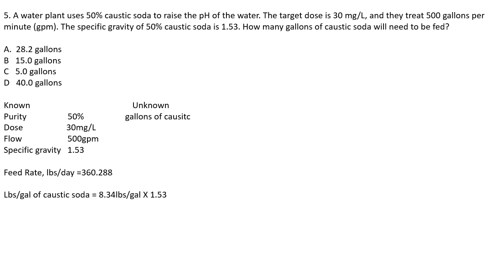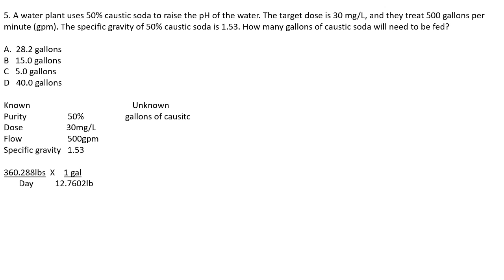All right, to find how many pounds per gallon of caustic soda, we're going to do 8.34 pounds per gallon, the standard for water, times the specific gravity of 1.53. When you do that, you get 12.7602 pounds per gallon for caustic soda. So I've written this math problem so you can see how it's going to cancel out.